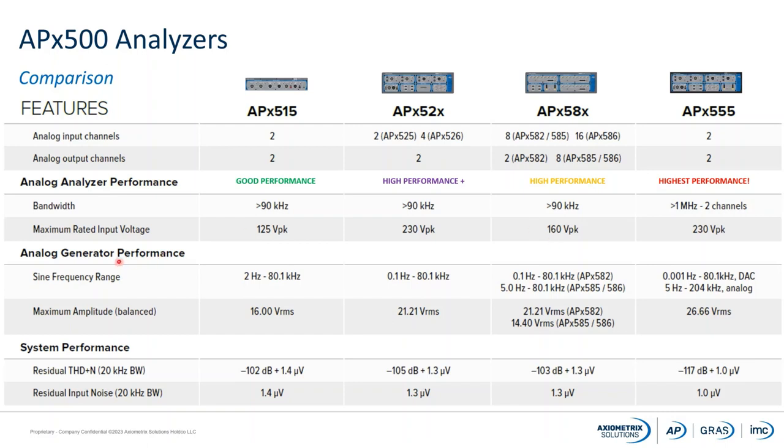We also have differences in the signal generator that is in each analyzer in terms of the frequency range of the signals that we can generate, but also the maximum amplitude of the signals that we can generate. And also in terms of system performance, there are some differences in terms of total harmonic distortion plus noise, as you can see, but also in the noise floor of each analyzer.